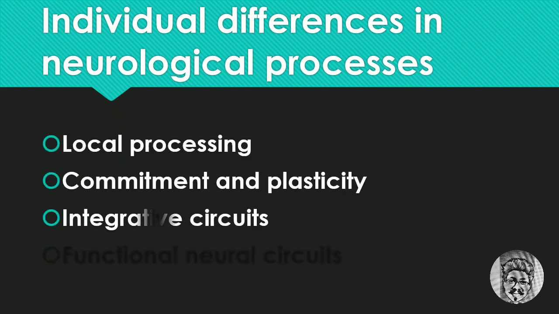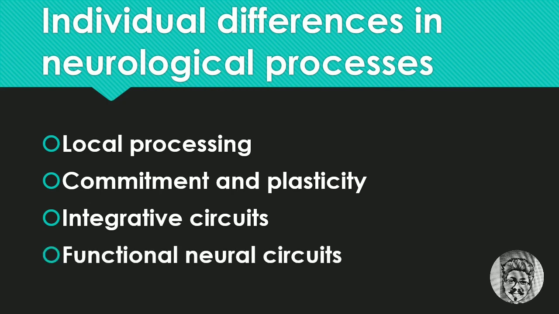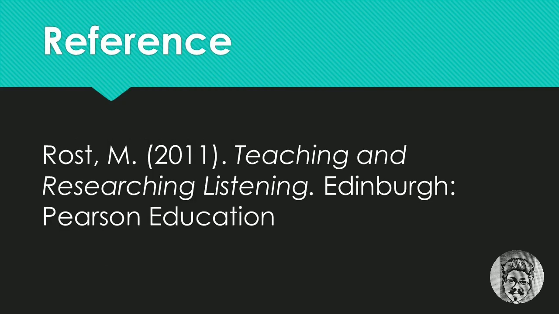So, individuals are different in terms of neurological process, and the differences are in the aspects of local processing, commitment and plasticity, integrative circuits, functional neural circuits. But I will talk about this later in another video because the video is too long, I believe.